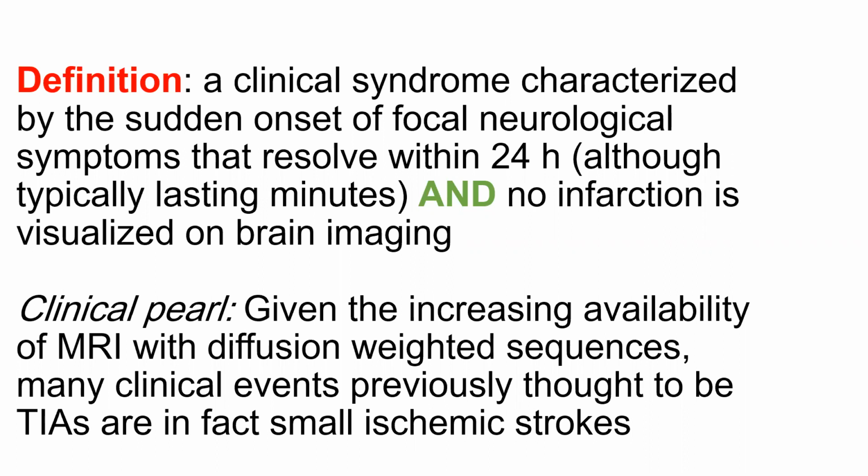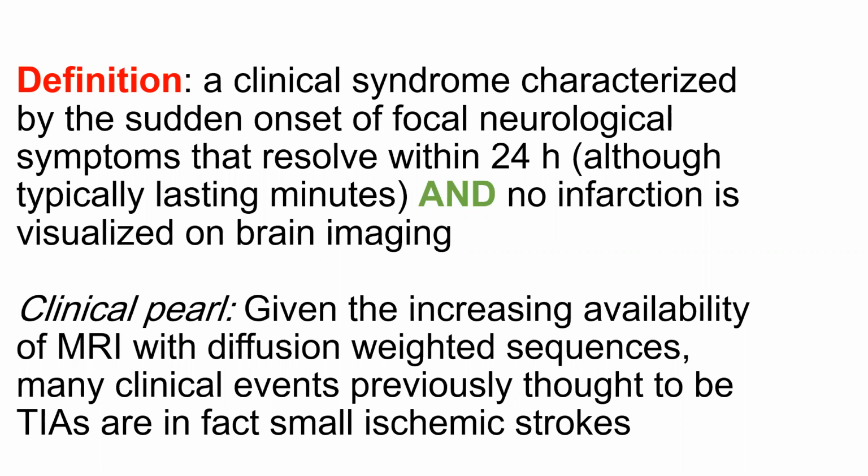And usually, as we know, the symptoms will last less than 1 hour. So this is the old definition. The old definition of TIA is a reversible focal neurological deficit affecting the retina, the brain, or the spinal cord, but the symptoms usually last less than 24 hours and ideally less than 1 hour. This is the old one.